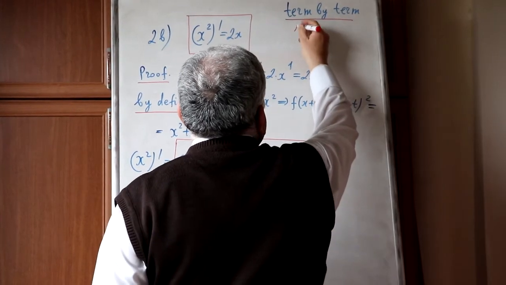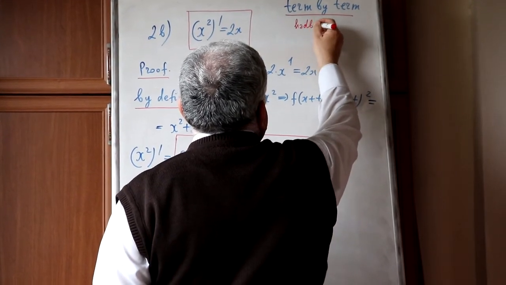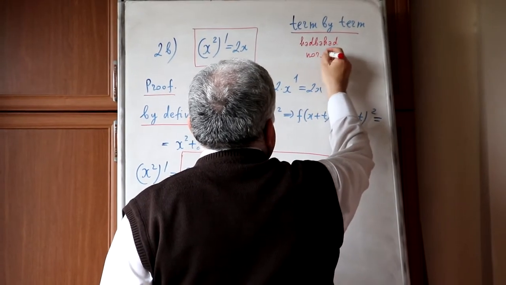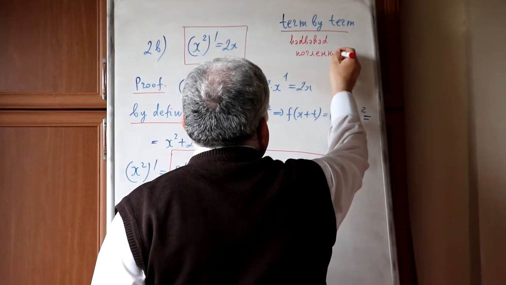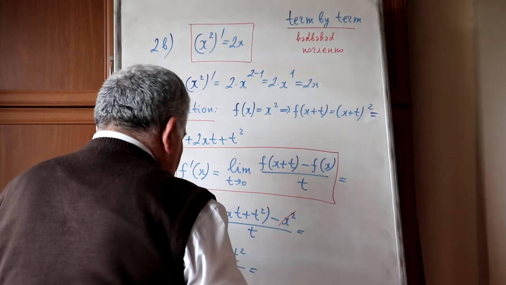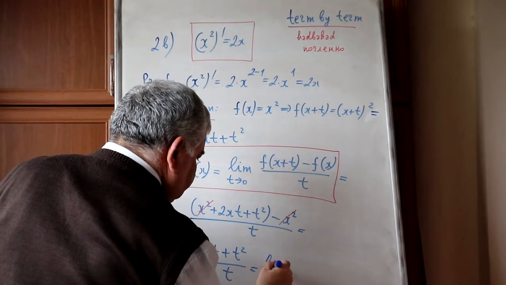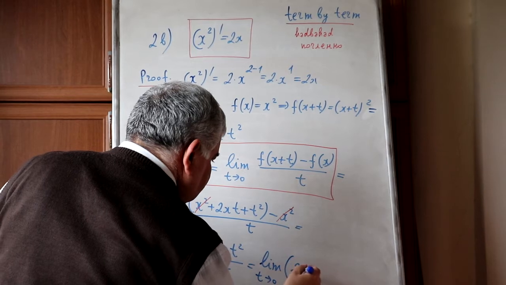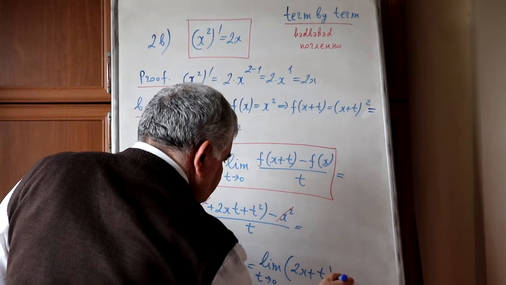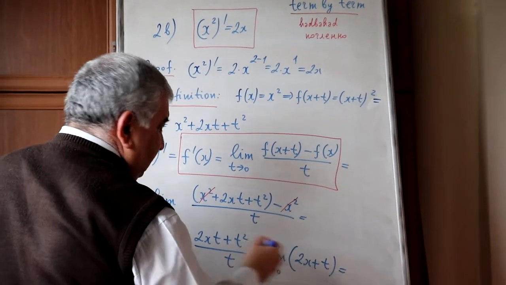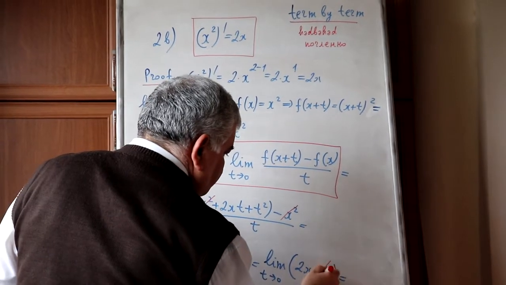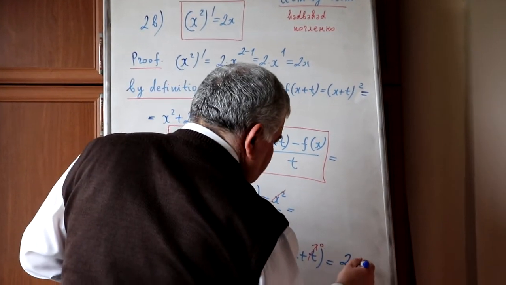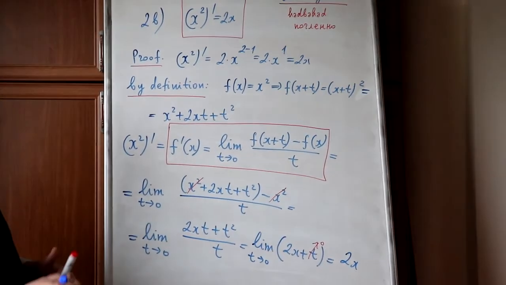Limit when t tends to 0, we have 2x plus t. Then substitute 0 instead of t, then we'll have 2x. Our formula is proved.